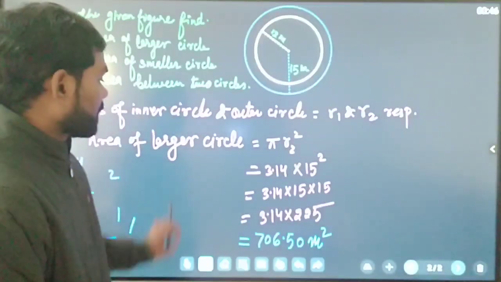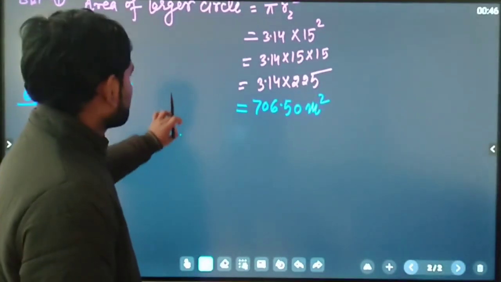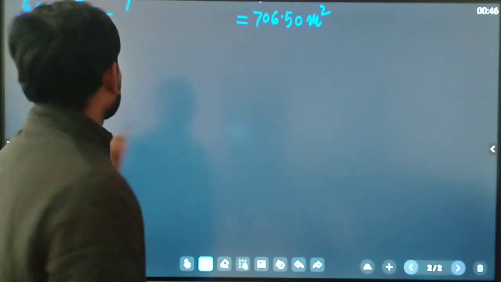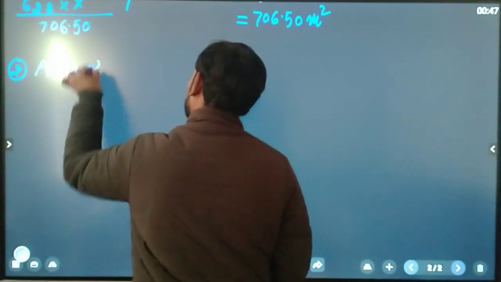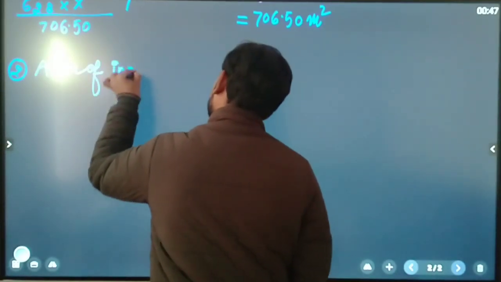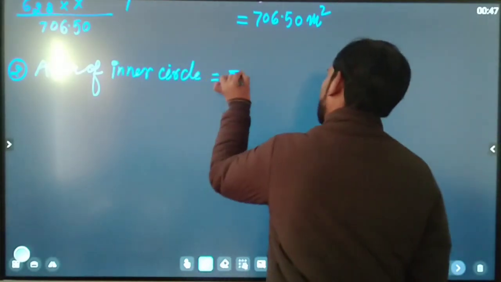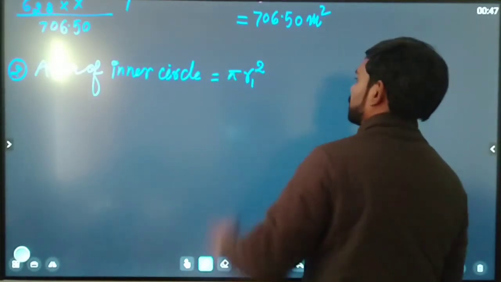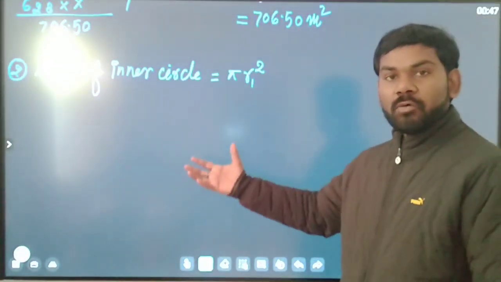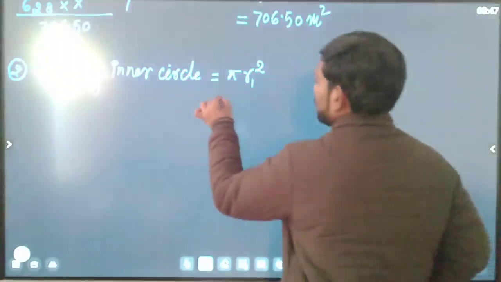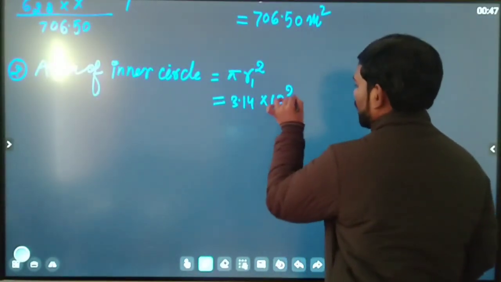Now let's find the area of the inner circle. Second, area of the inner circle, and this will be written as pi r1 square. Also the radius is not a multiple of 7, that's why we also write 3.14 into 12 square.